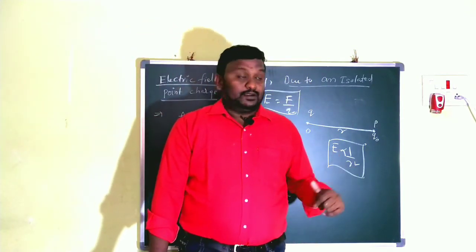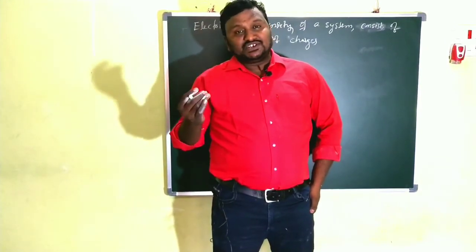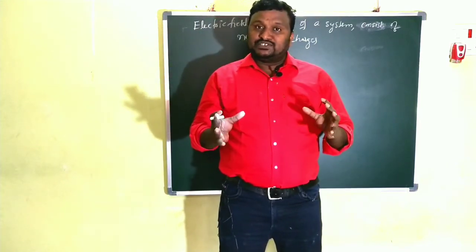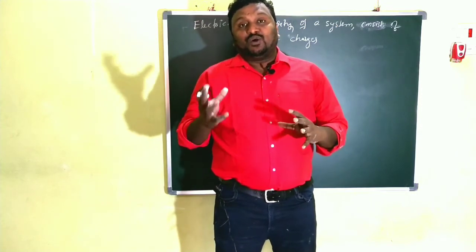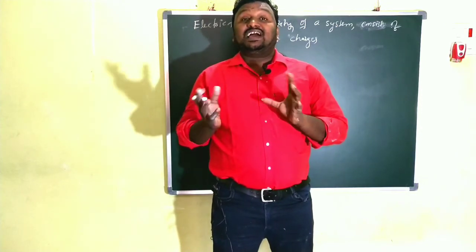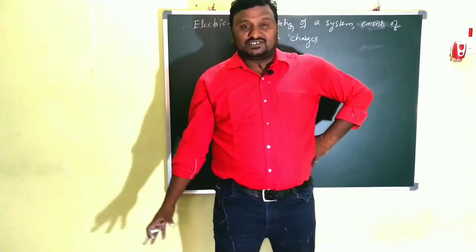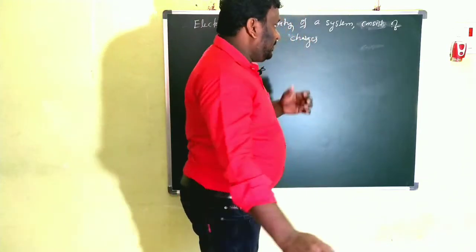Clear children, very important. We discussed electric field intensity due to a point charge. For example, if the system consists of a number of charges, then how can we write the resultant electric field intensity? See here once.